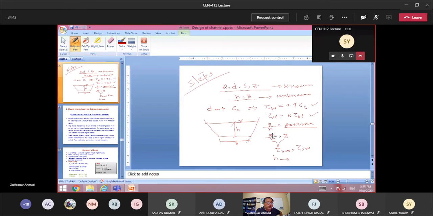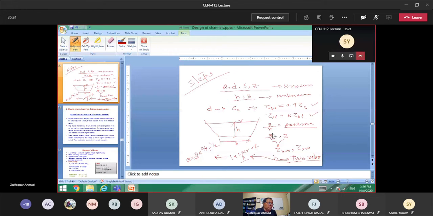Here you will get two values of H, one corresponding to the bed and another corresponding to the side. In general, the value of H that you get from the side equation, tau SM, will be lesser. You have to use the lesser value of H and compute the discharge by the Manning equation, because here the sediment particles are not moving.